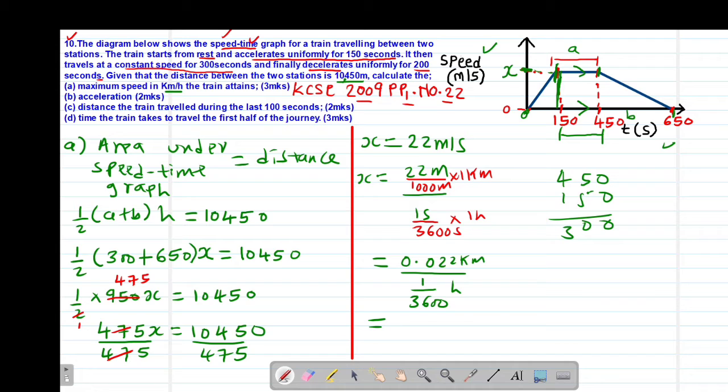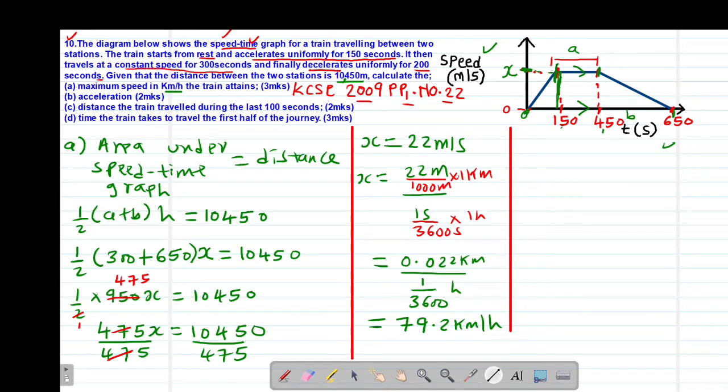Then if you take 0.022 and divide with 1 over 3,600, I'm going to get 79.2 kilometers per hour. So that is the maximum speed that was attained in kilometers per hour. That will be our maximum speed.